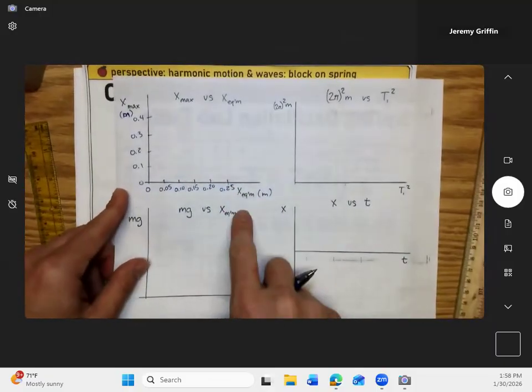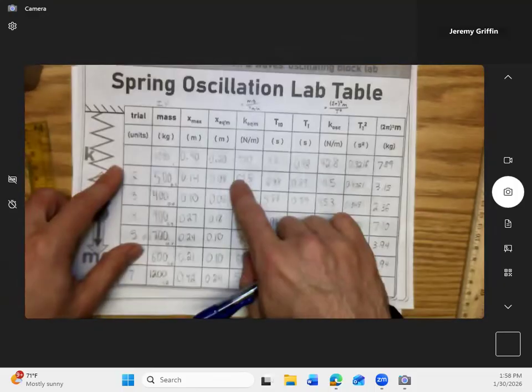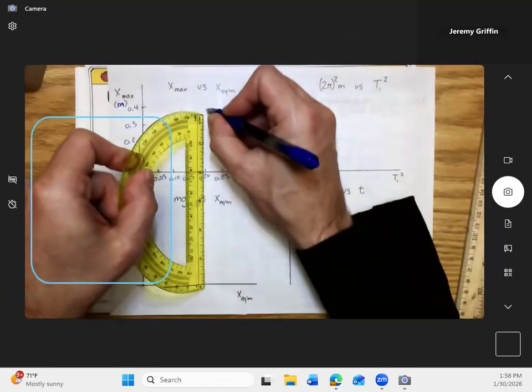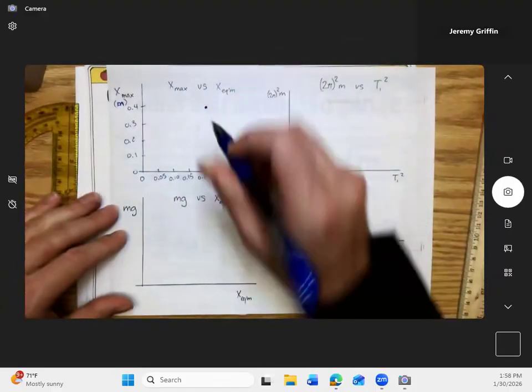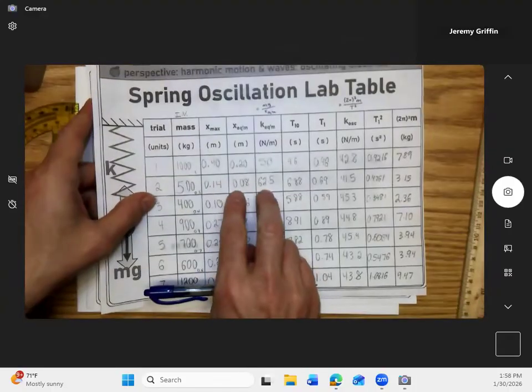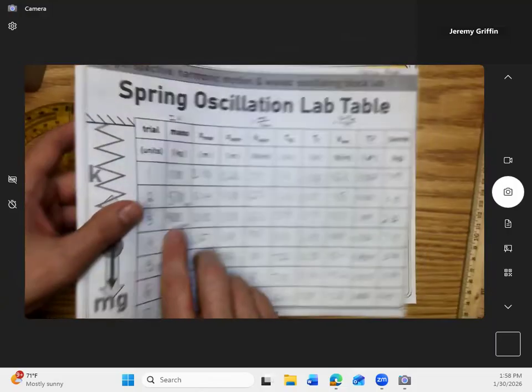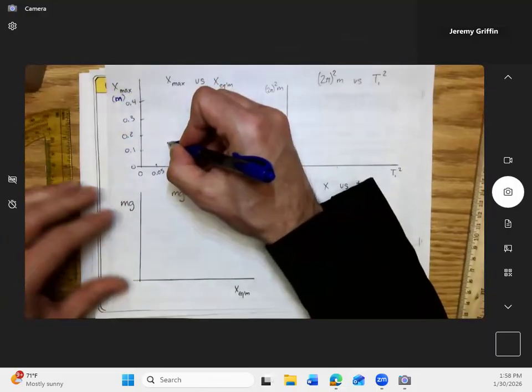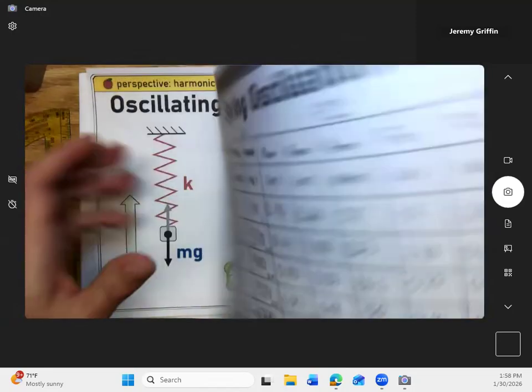Let's plot those points. So 0.2, 0.4, this point, bam, right there. 0.08, 0.14, bam, right there.